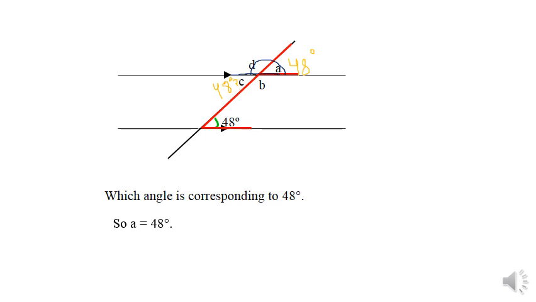We subtract 48 from 180 degrees, so its measure is 132 degrees, and angle B is equal to angle D, equal to 132 degrees, because they are vertically opposite angles. As you can see, in the same question, I used the property of equal corresponding angles, and I used vertically opposite angles and adjacent supplementary angles just to find the missing angles.